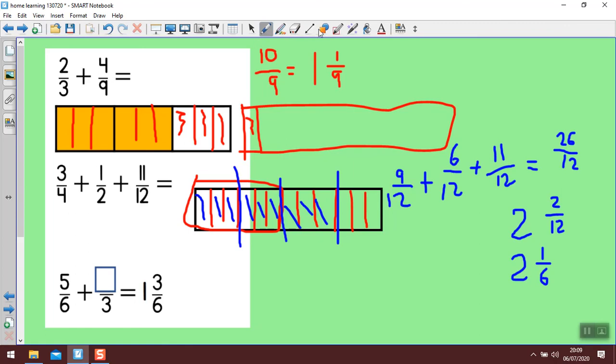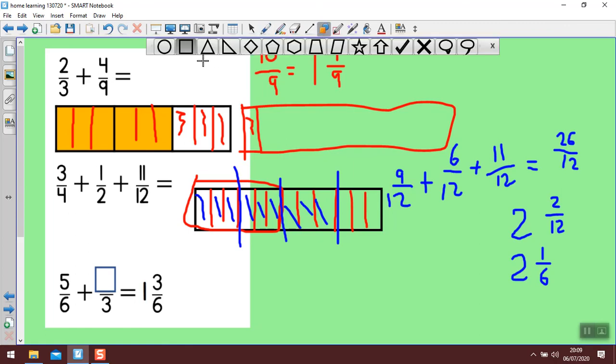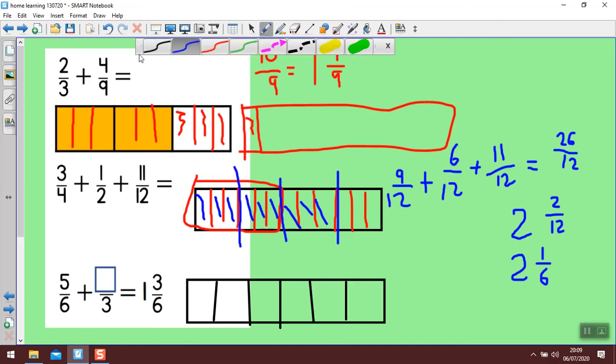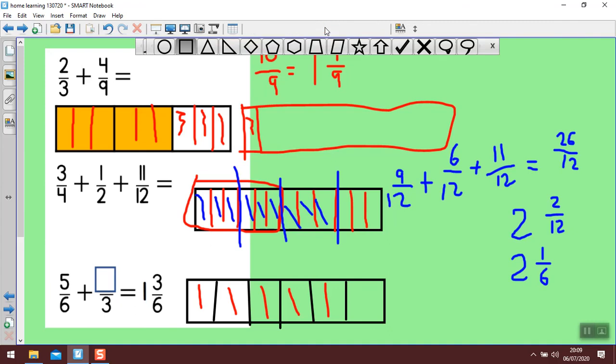Let's have a look at a bar model which is split into sixths. So here is my 5 sixths. 5 sixths plus what equal 1 and 3 sixths. Okay, so let me have another bar.